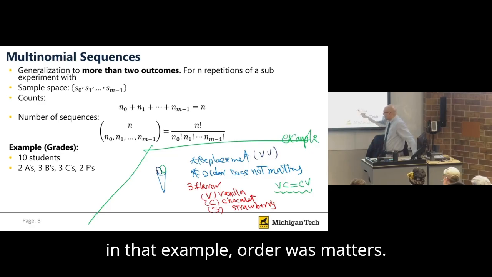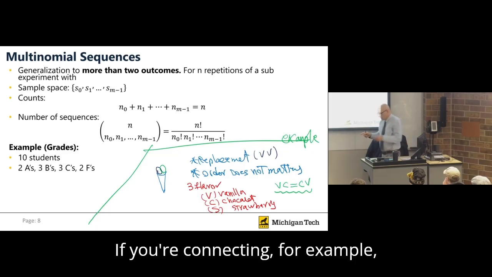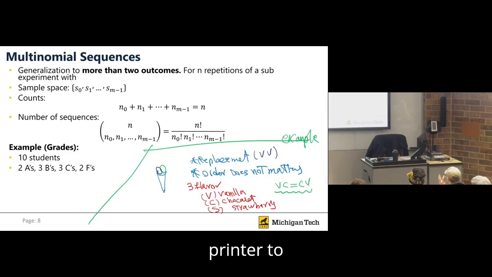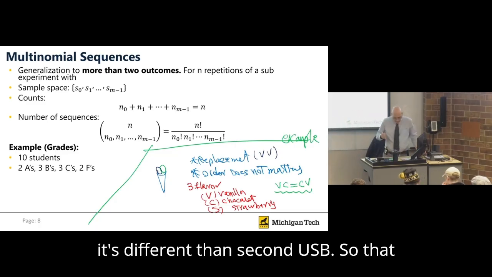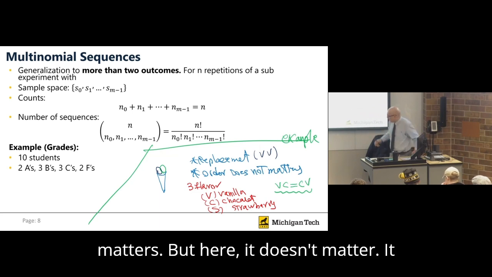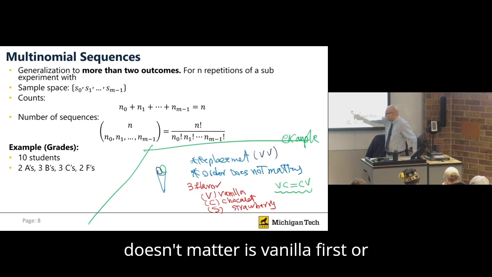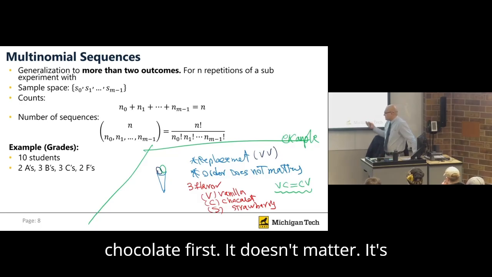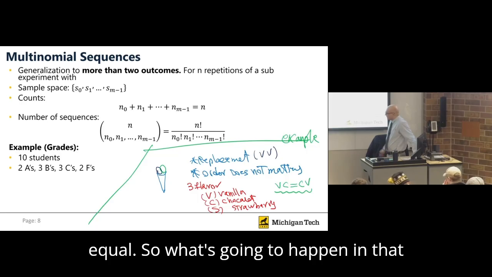In that example, order mattered. If you're connecting, for example, a printer to the first USB, it's different than the second USB. So that matters. But here it doesn't matter whether vanilla is first or chocolate first. It's equal. So what's going to happen?